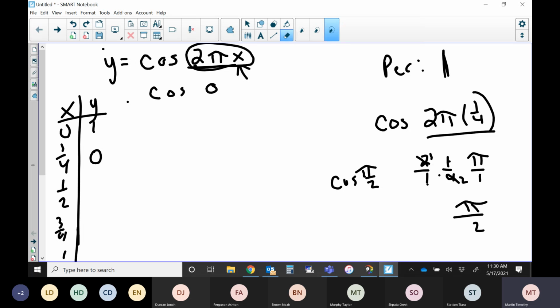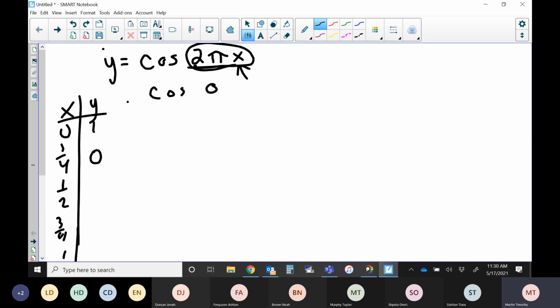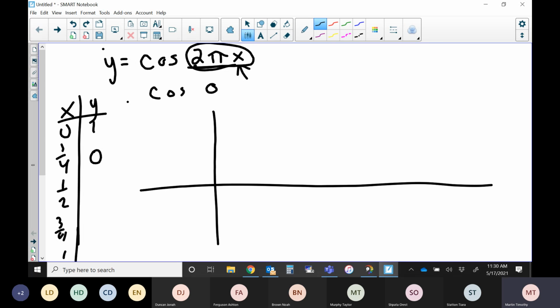Do you guys understand what I'm kind of showing you here? So then when I graph this, I would be going up by a 1/4. Your tick marks don't have to be whole numbers. This would be 1/2 or 2/4. This would be 3/4. And this would be 1.